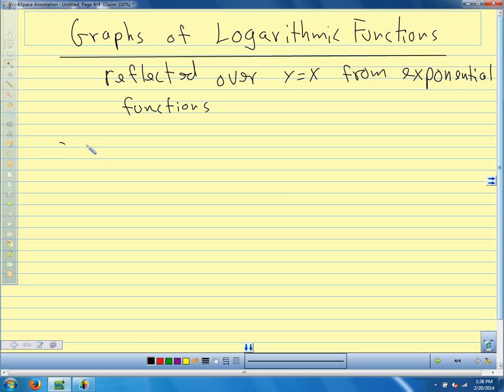So the domain of a logarithmic function is 0 to infinity. This is saying x has to be greater than 0. Whatever we plug into our logarithmic function has to be greater than 0. Our range: the range of our logarithmic function is the domain of the exponential function, so our range is minus infinity to infinity.